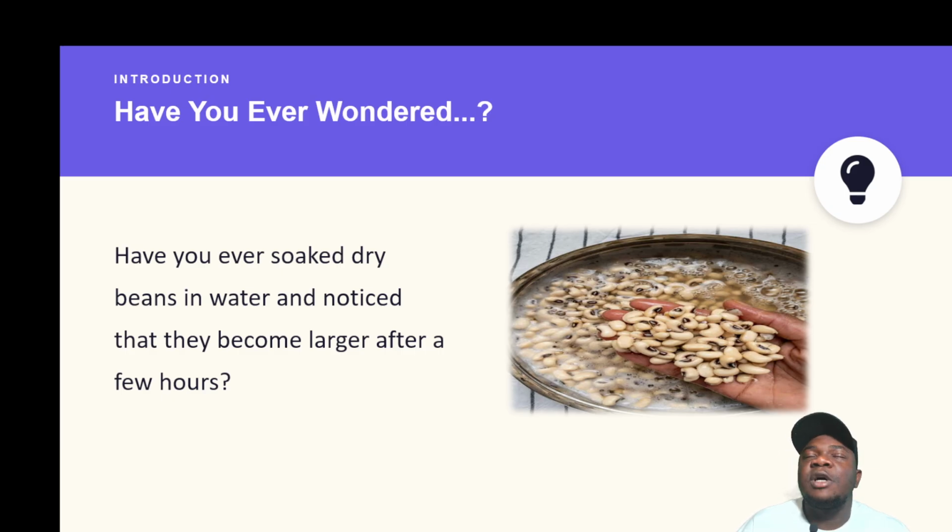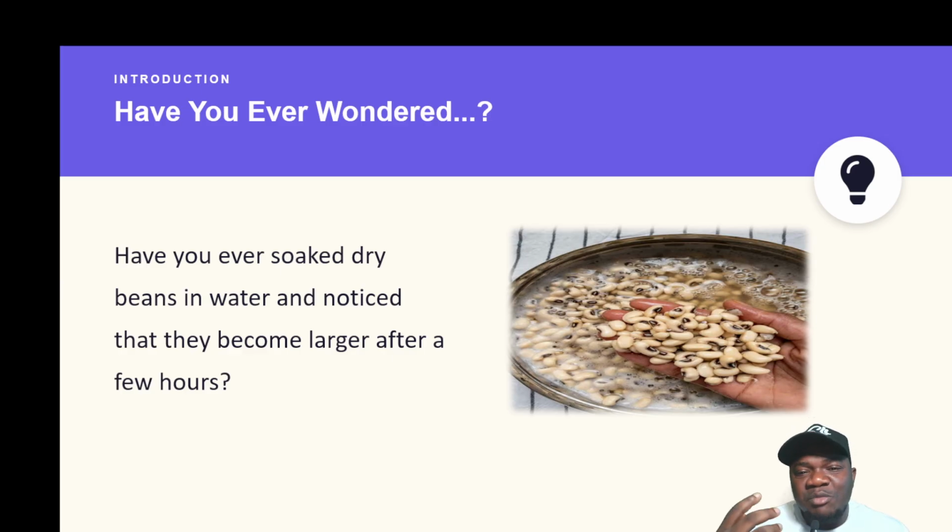There's some African food, like moi moi, where you soak the beans for some time, mostly to remove the coats surrounding the beans. But in the real sense, if you soak beans, what happens? The beans tend to swell.